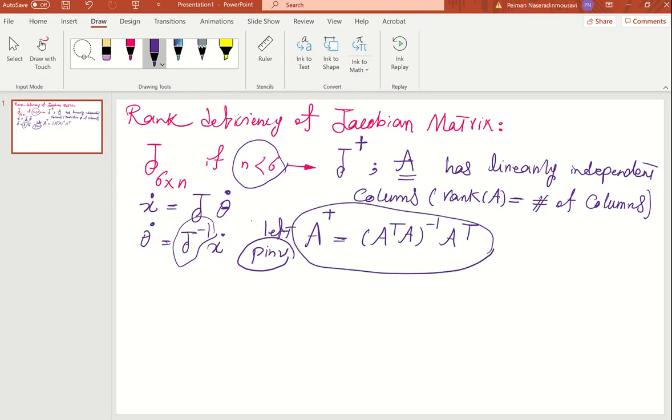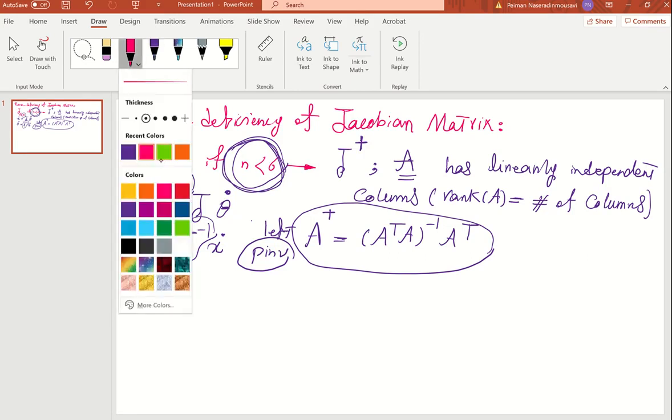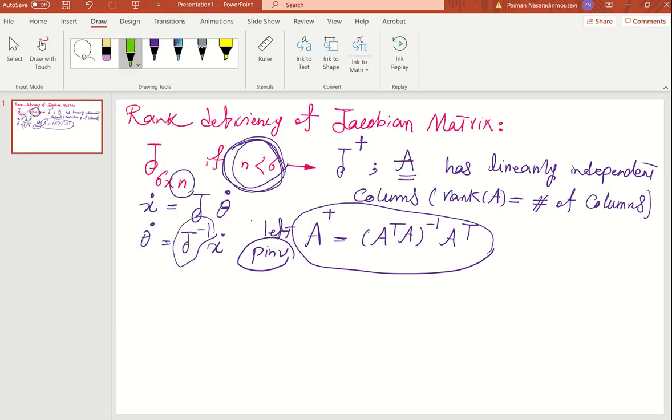When the number of columns is smaller than the number of rows, the left pseudo inverse times A is going to be I. But what kind of I?